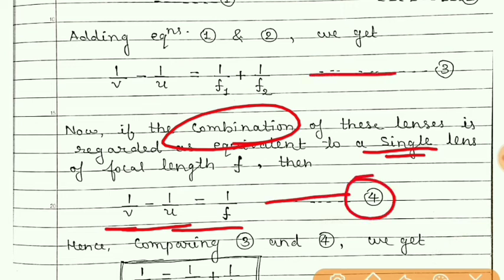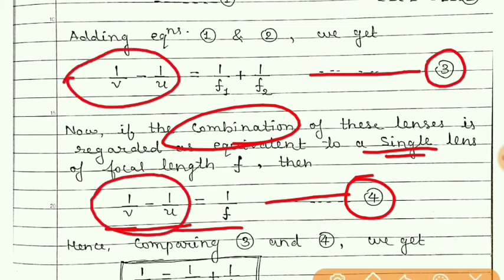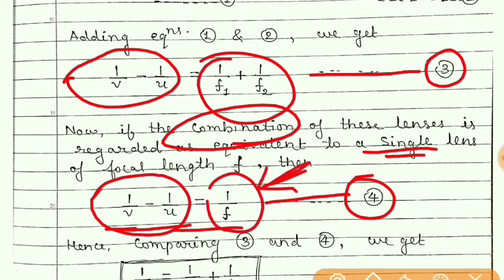So now comparing equation number 3 and 4, you can see on the left side these terms are the same. So definitely on the right hand side these two must be the same. So 1 upon F is equal to 1 upon F1 plus 1 upon F2.